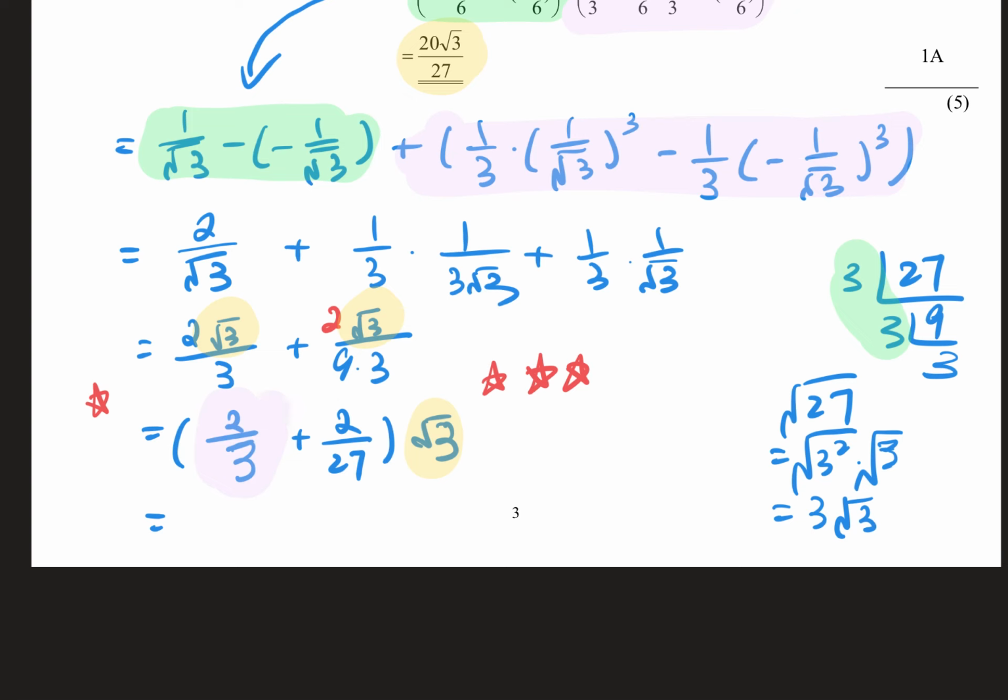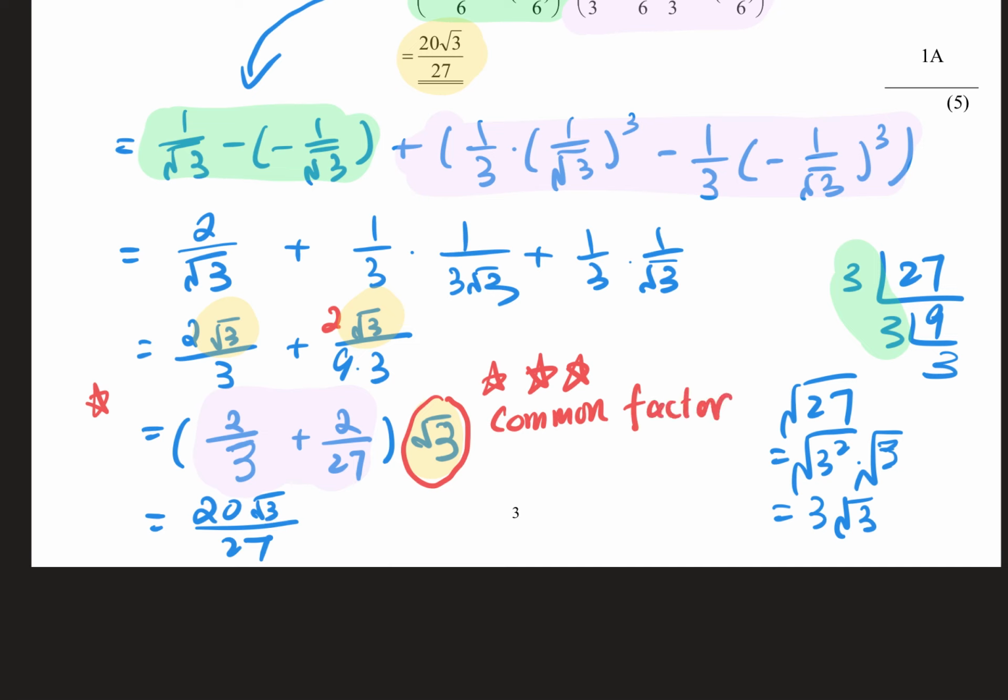Now, use the calculator to solve this one, and you get 20 over 27. And of course, we put back the square root 3 as the answer. So the method of taking the common factor is very important in solving the expression in this way.